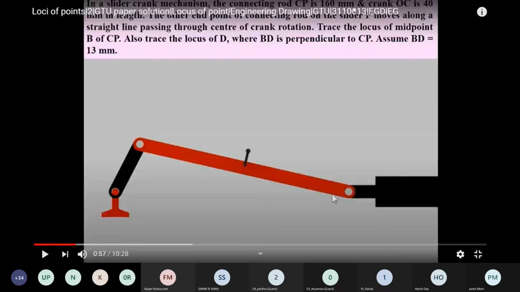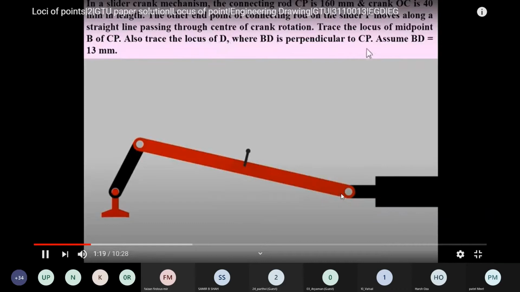After that, the dimension of the connecting rod is given to us, that is 160 mm. So based on that, we complete the 160 mm. Here we assume that this is the angle OC and this is P. Join. Every time remember that these both are in collinear position.